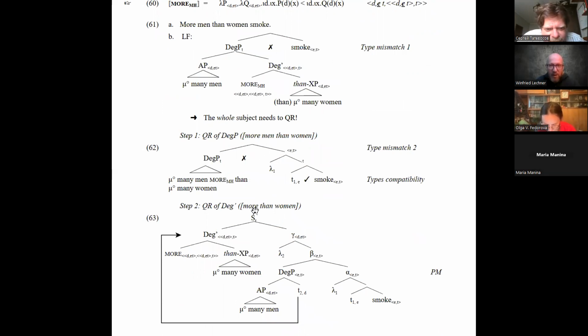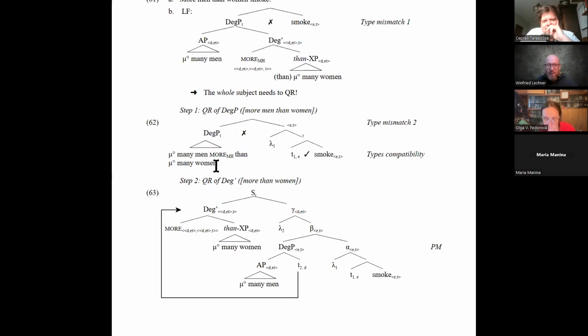The whole thing goes to the left. We abstract over an individual trace by assumption. And we end up in a situation like this. We have now a predicate of individuals, and we have a truth functional node. Again, that doesn't help.